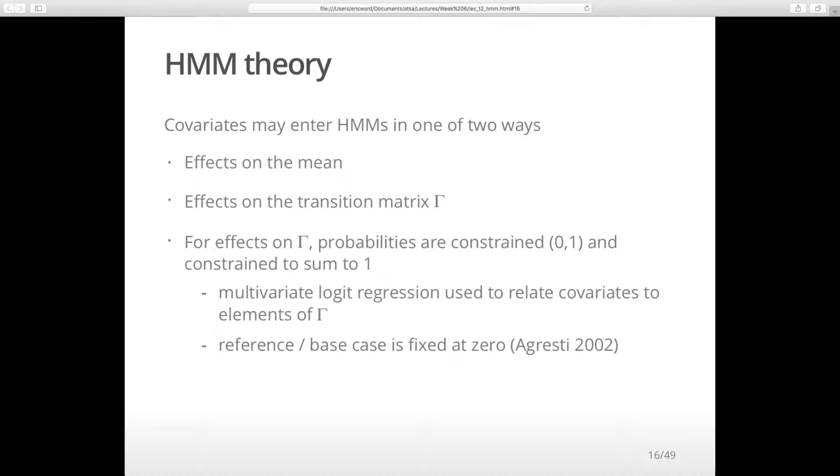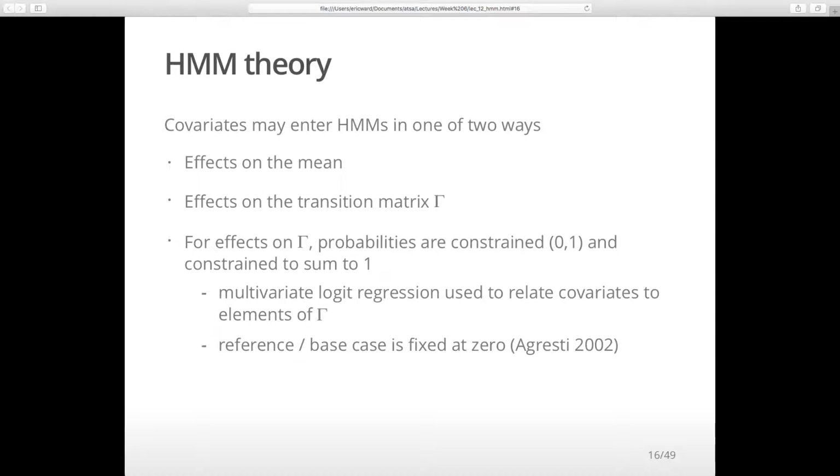Covariates in HMMs might enter the model in one of two different ways that we'll explore. The first is the effect on the mean, and that's pretty straightforward, and we'll go through some examples. The second is effects on the transition matrix elements, or these transition probabilities. For effects on those probabilities, we have to remember that those transition elements are constrained to be between 0 and 1, and again, they have to sum to 1.